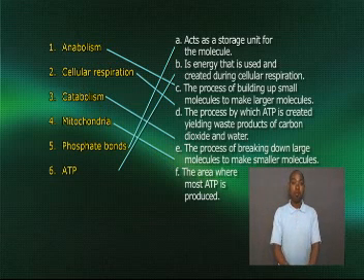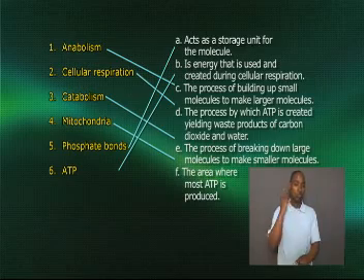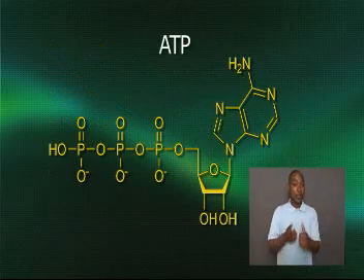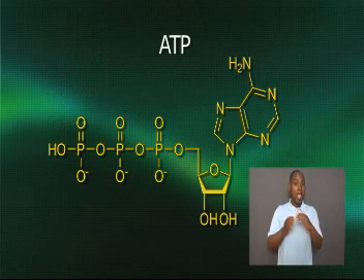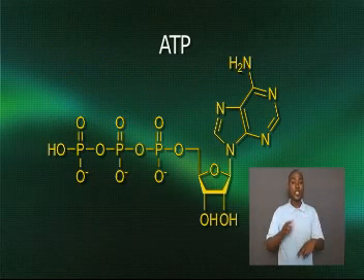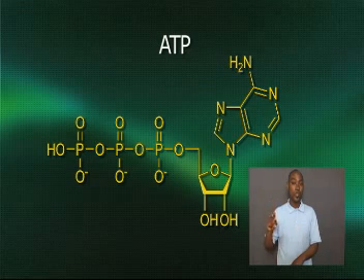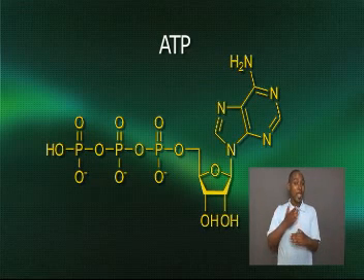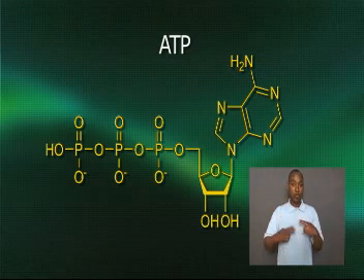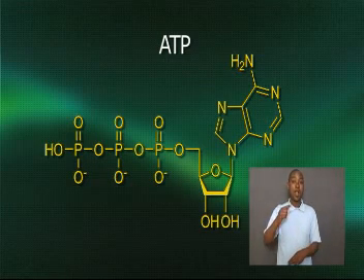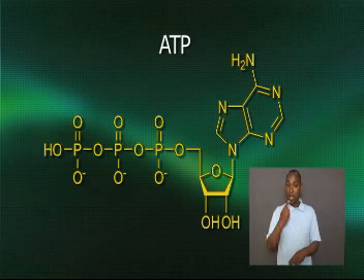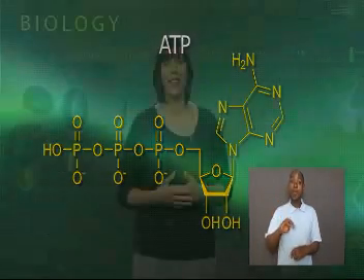If you answered them all correct, great work. In the first stage of cellular respiration, ATP is used to provide energy for the first stage of respiration called glycolysis, which takes place outside of the cell's mitochondria.